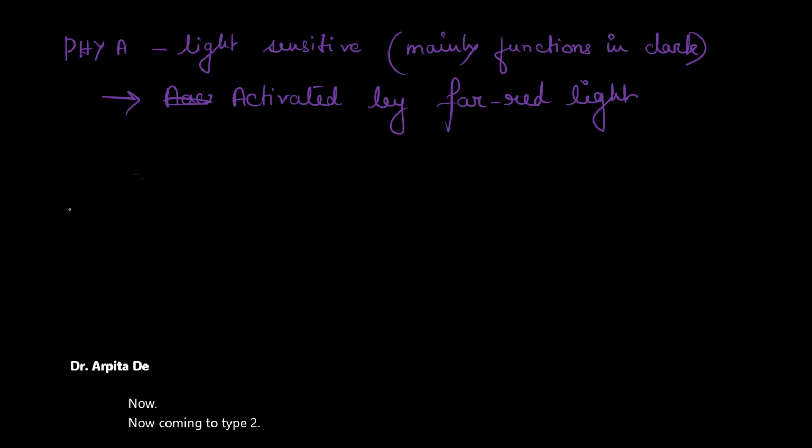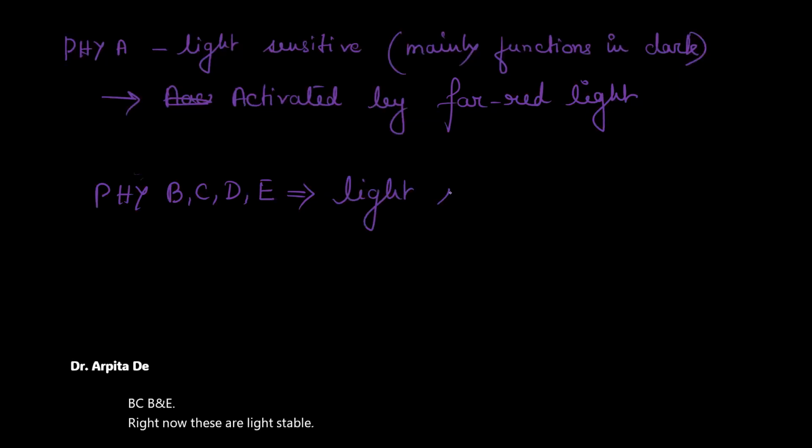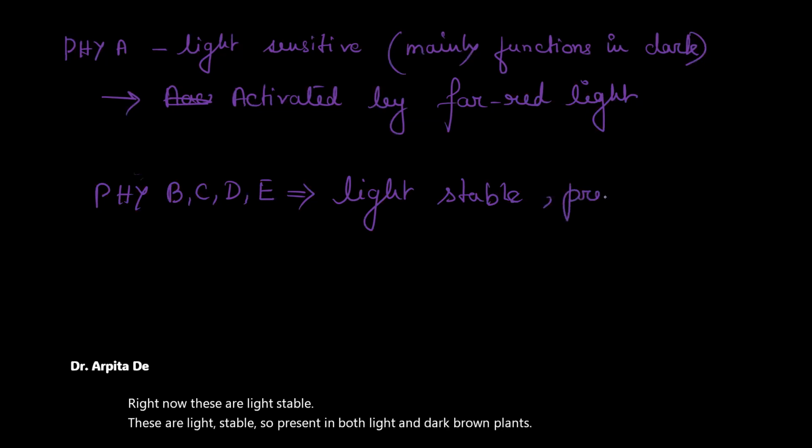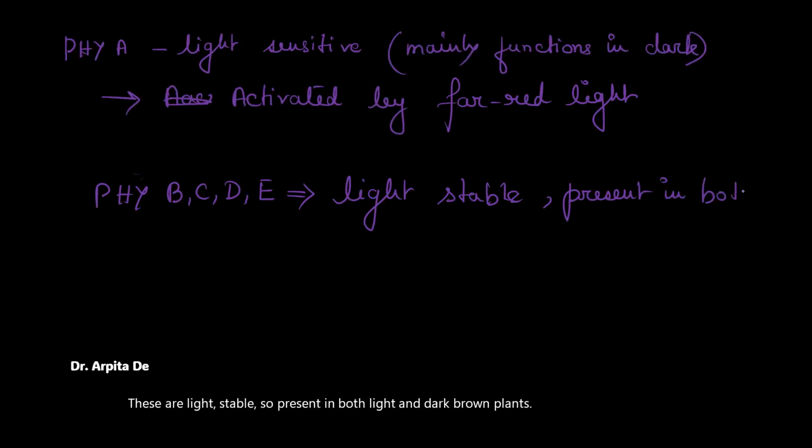Now coming to type 2. Type 2 phytochrome means PHY B, C, D, and E. Now these are light stable. So they are present in both light and dark grown plants.